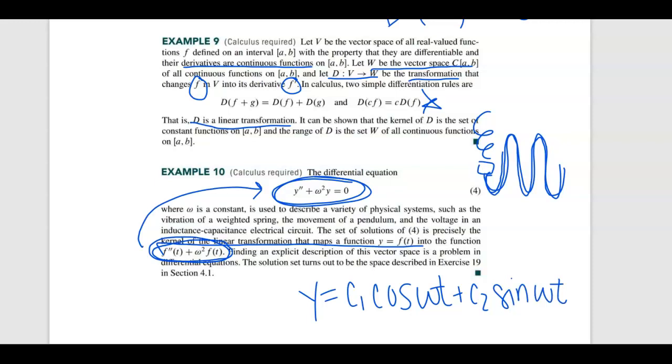They give you that 0 vector when you take the first derivative and the second derivative and plug them in. That's the transformation you're doing here, and it gives you 0. So the kernel is this set of functions, because that operation is what gets you your 0 vector.